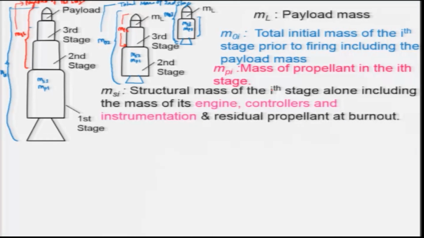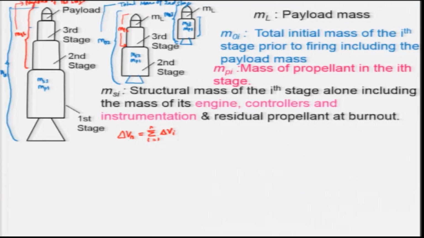So, we need to find delta V n. The change in velocity, or velocity increment, of the nth stage is equal to the summation of delta V i, with i from 1 to n, where n is the number of stages.